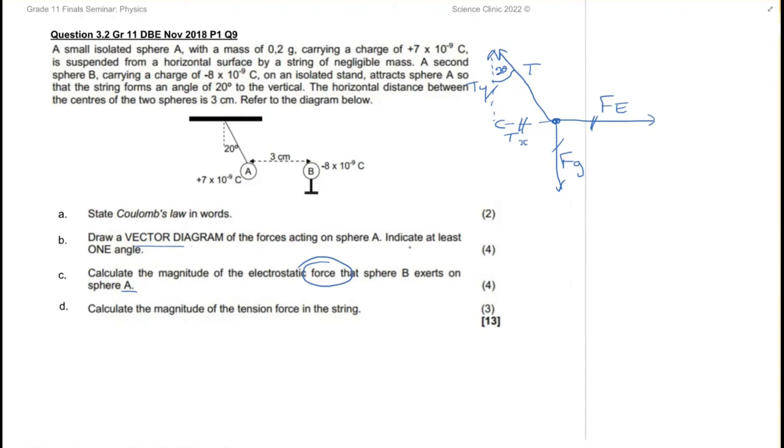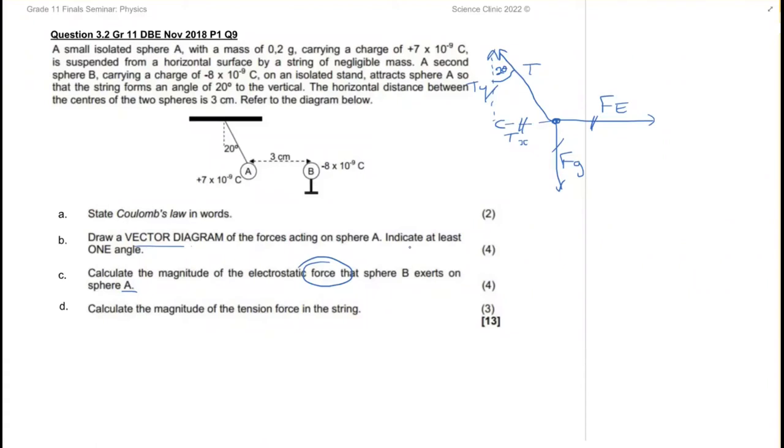Now, if they just said calculate the force between A and B, your answer would have a direction of attraction because they attract each other. But this question is focusing on A, and A experiences a force to the right because of B. So the direction here is to the right.